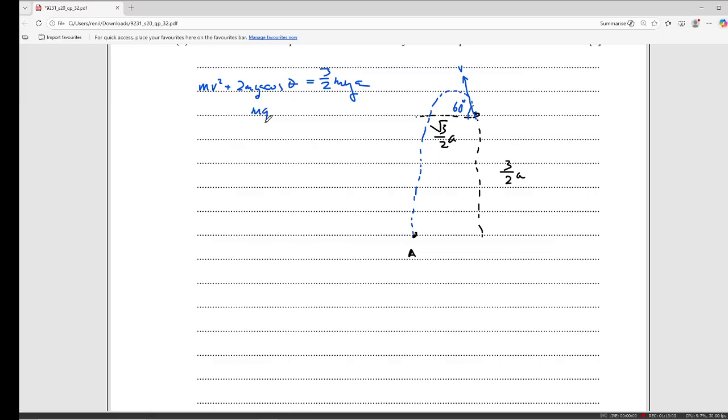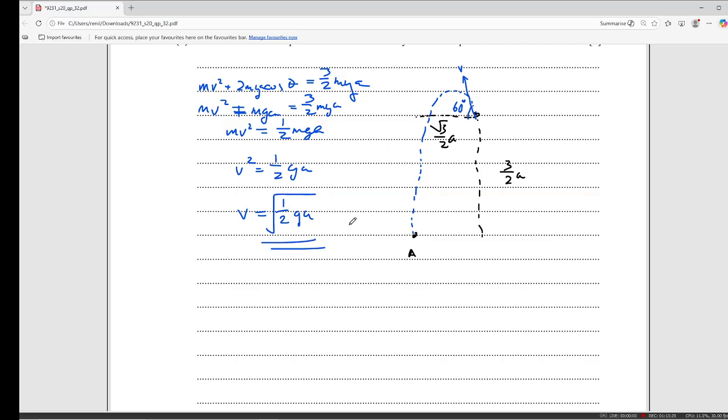So this gives me mga, sorry, plus mv square. So mv square equals 1 by 2 mga. v square equals 1 by 2 ga. I just cut out the m on both sides. Rooting both sides gives me v equals root 1 by 2 ga.